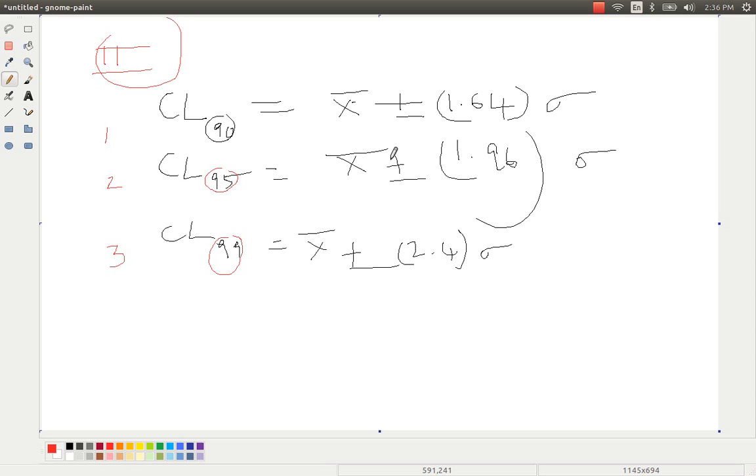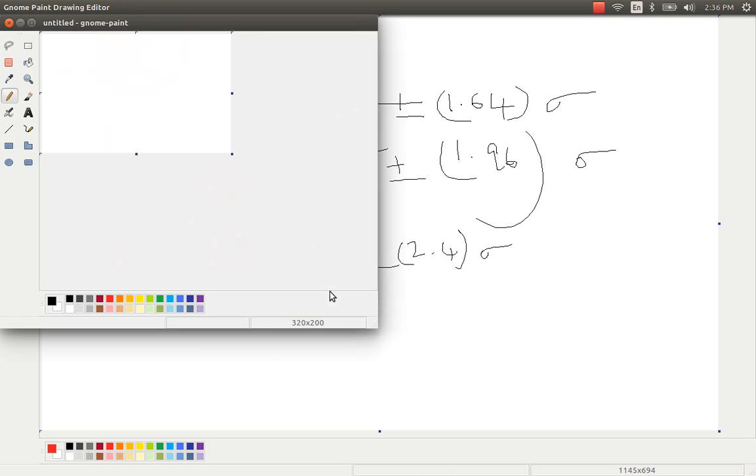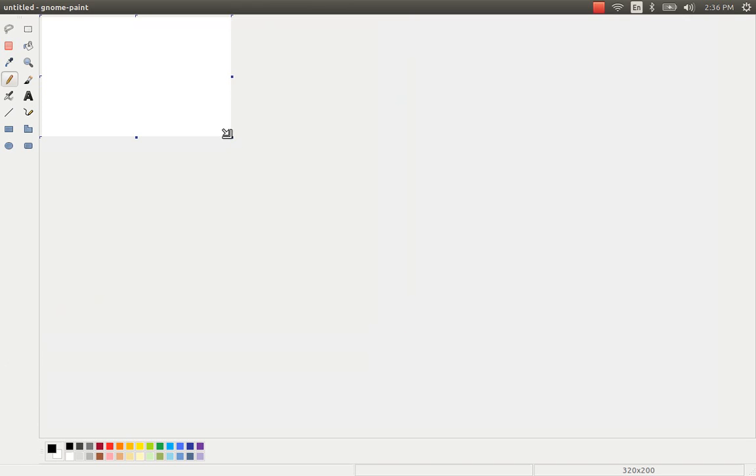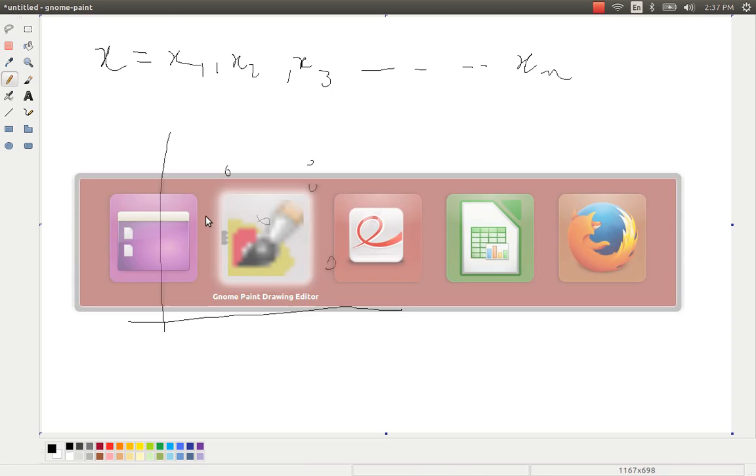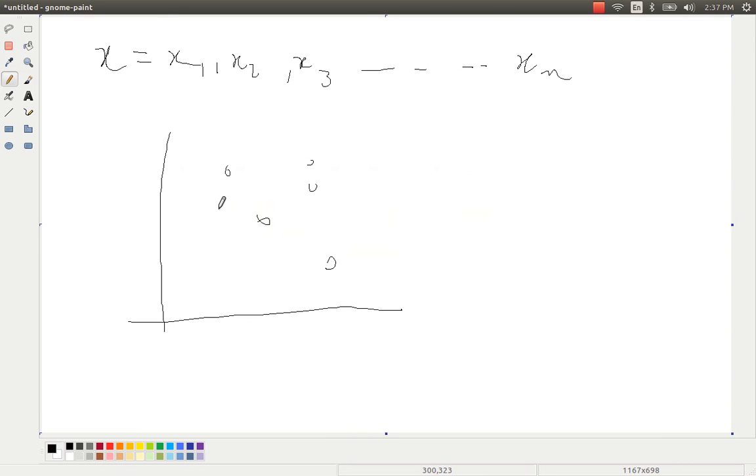In step number 3, we are going to plot the graph so that we can identify the actual outliers in the data set. For example, if we have a data set x with the data points x1, x2, x3, up to xn, we plot the data, and we use these confidence intervals in the form of linear lines at 1 standard deviation.